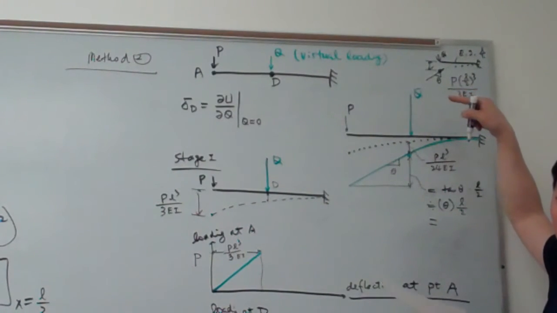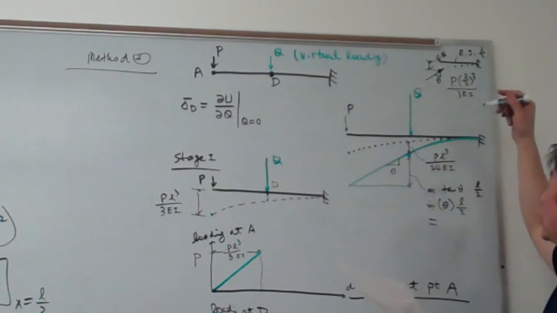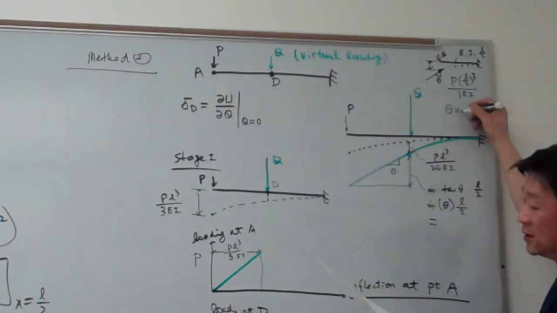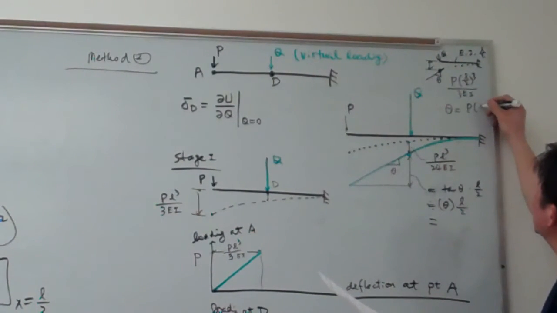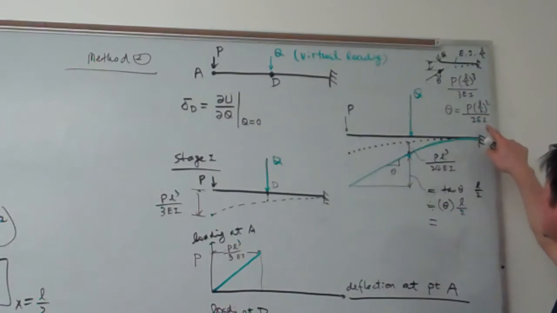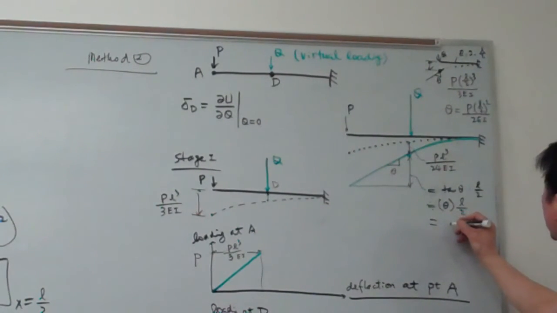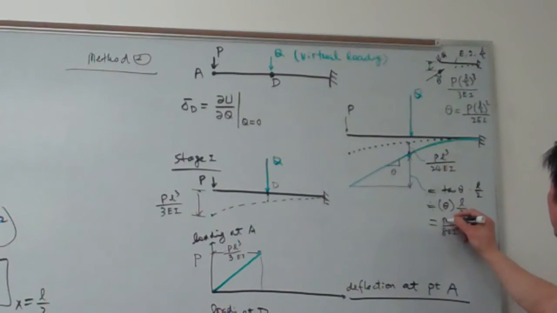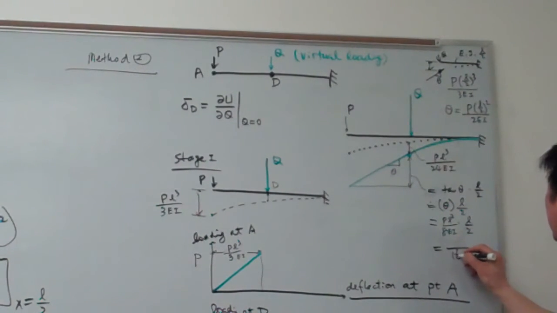Look at case 1. The theta represents the slope. Theta is equal to P times the length of the beam squared divided by 2EI. If you look at the middle column, that is the information there. And we simplify this one. Theta equals PL squared over 8EI times L over 2. So this is PL cubed over 16 EI, right?